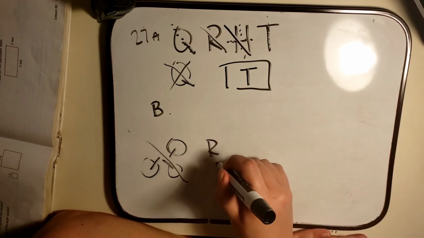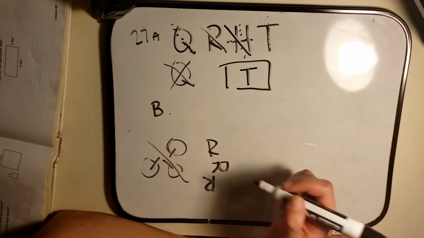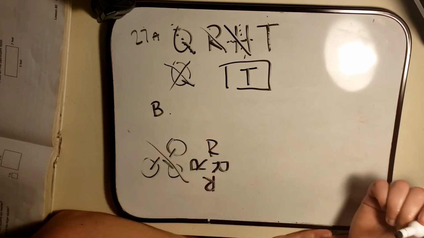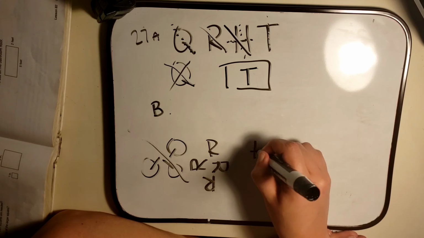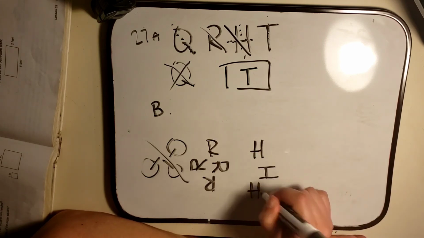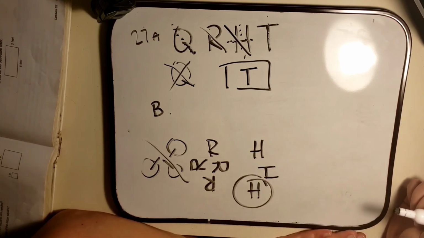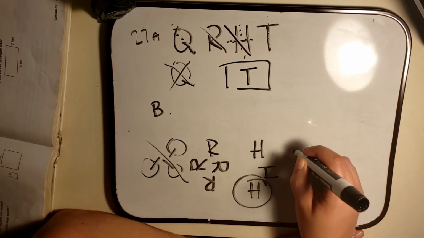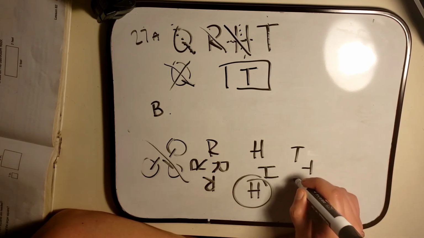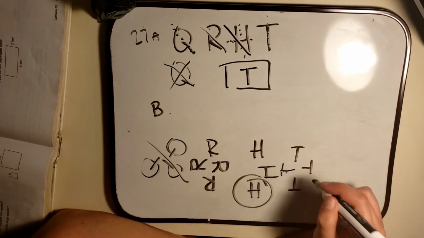R, we can turn it sideways, not the same, not the same, not the same. H, we can turn it sideways, not the same, but we turn it upside down, that's the same. So then our answer is H. And if you want to see T, T rotated, oops, is not going to be the same.